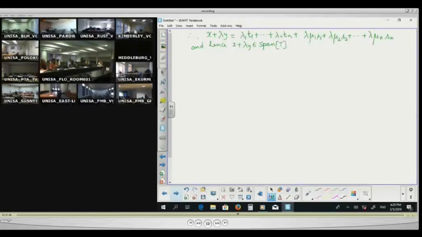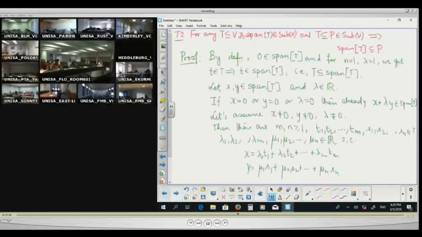If it is non-zero, that means there are natural numbers, members from T and scalars such that x and y are some combination like this, right? So then what is x plus lambda y? X plus lambda y is this plus, by distributivity again, lambda times mu1 s1, lambda times mu2, and so on.